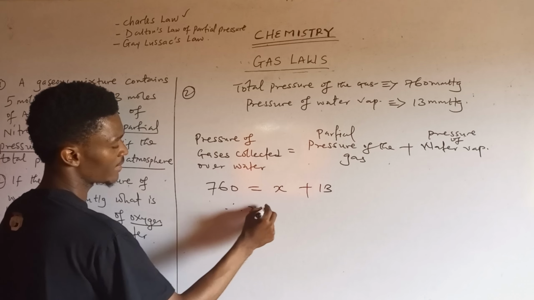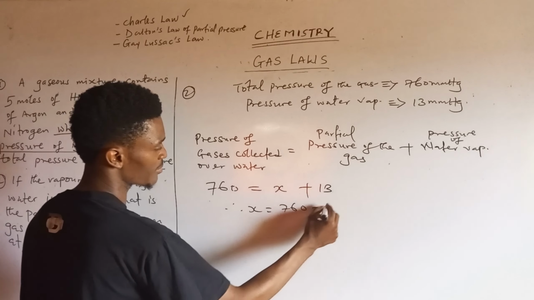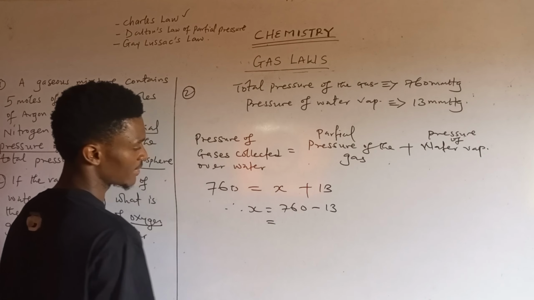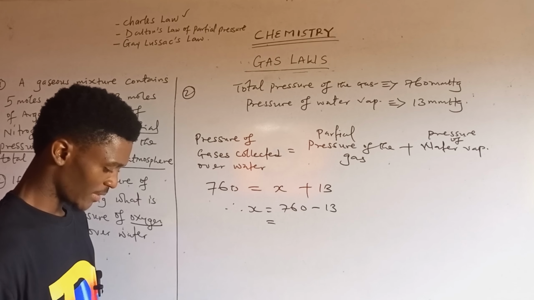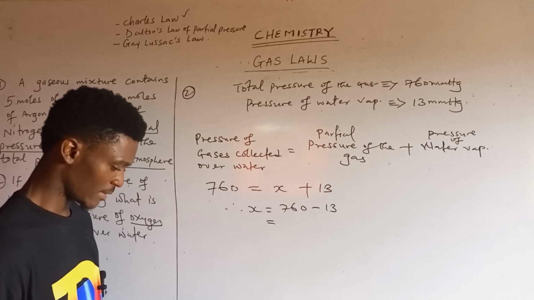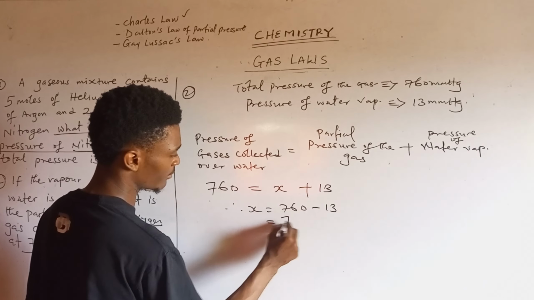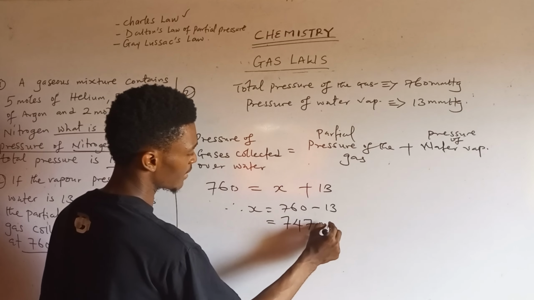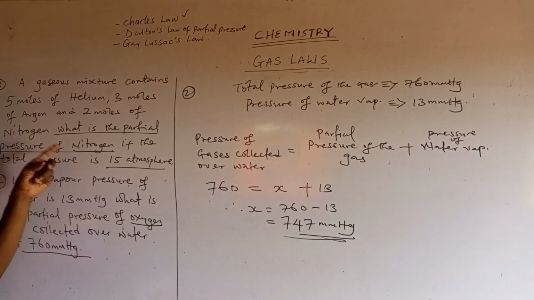X is equal to 760, and when you move the other term to the other side, it becomes minus 13. And that automatically becomes 760 minus 13, that's 747 millimeters mercury. So it's that easy. This one is more straightforward than the other one.